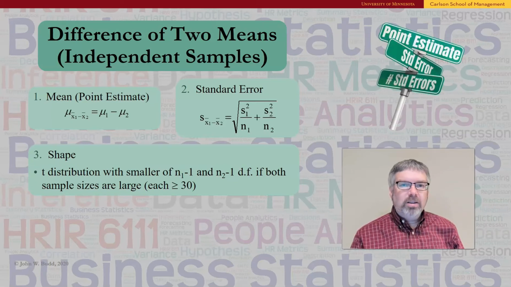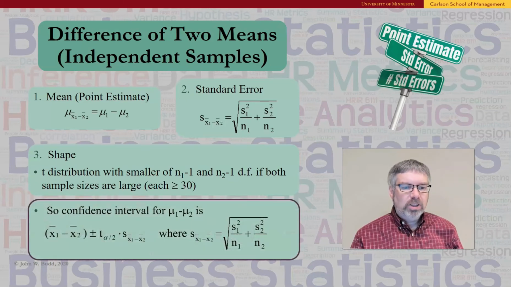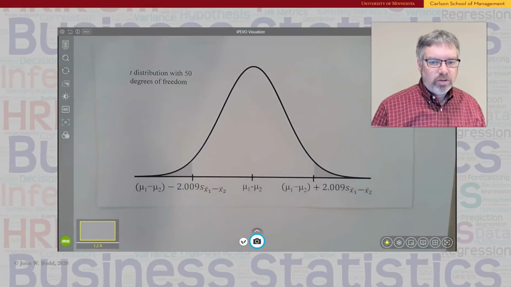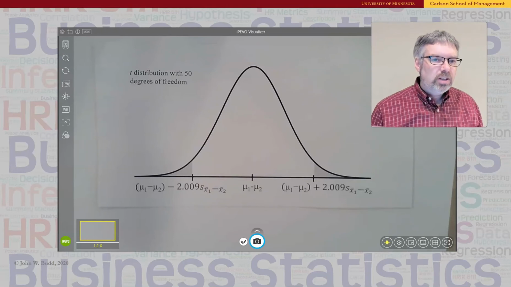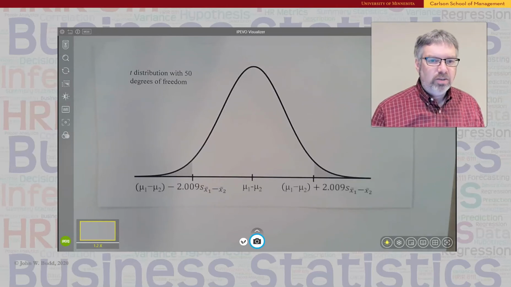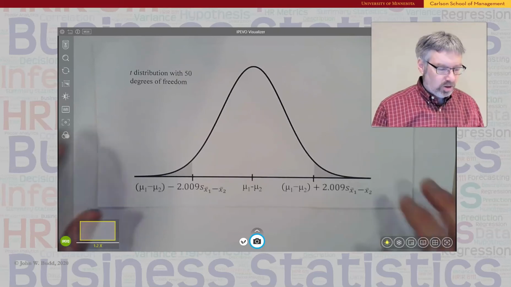And with that, we have the point estimate, we have the standard error, we know how to find the number of standard errors, and so we can use exactly the same logic for our confidence intervals. The confidence interval is our point estimate plus or minus the margin of error. The logic for a confidence interval for a difference in two means or two proportions is exactly the same logic as a confidence interval for a single mean, single proportion, or a regression coefficient.